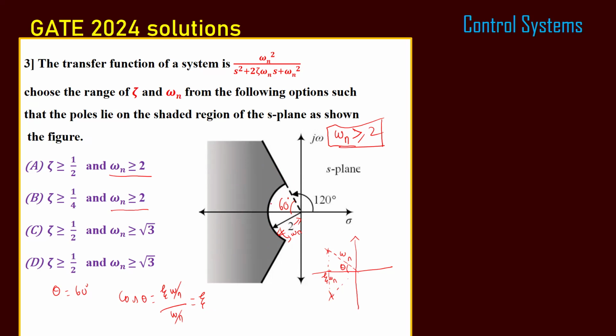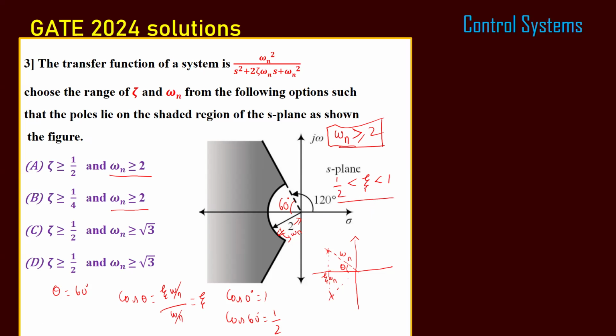Okay. So 0 to 60 we can find out the range. We know cos 0 equal to 1. Cos 60 equal to 1 by 2. So zeta may be less than 1 or greater than 1 by 2. So it is a range between 1 by 2 to 1.